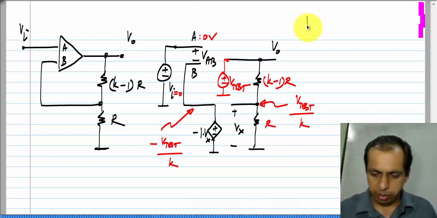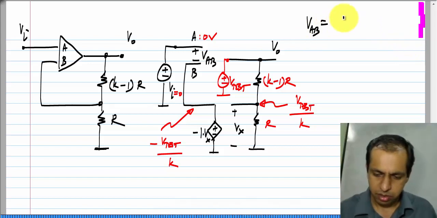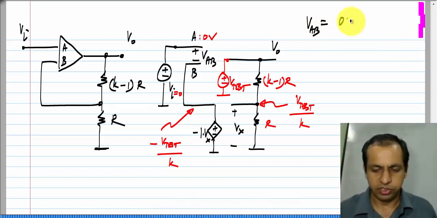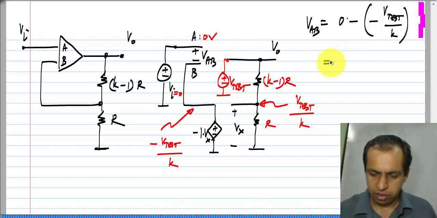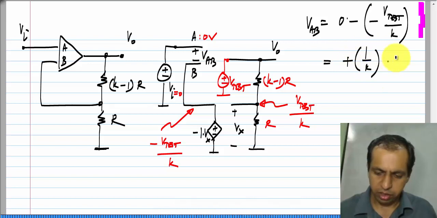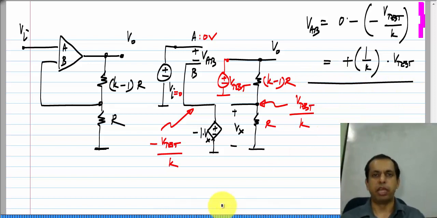So, the voltage V A B is nothing but 0, which is the voltage at node A, minus the voltage at node B, which is negative of V test by K. So, this is plus 1 by K times V test. It is the same magnitude of the voltage as before, but the sign is reversed.